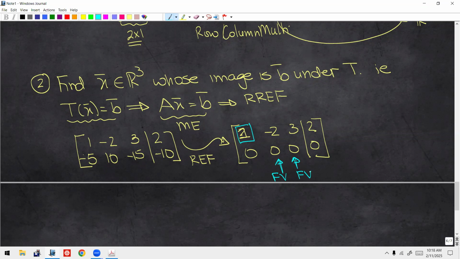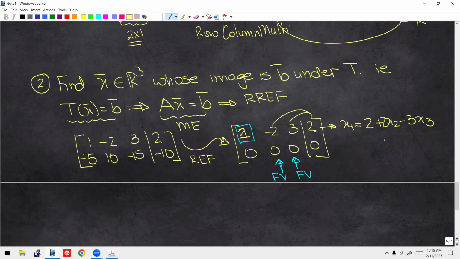So we didn't find one X, we actually found a whole bunch of X's, just so you know, because of the free variables. Okay, so let's at least find one of them, because they wanted us to find an X, right? So typically a solution from the first row, we know that X1 is going to be 2 plus 2X2 minus 3X3. I moved these two to the other side and did that.